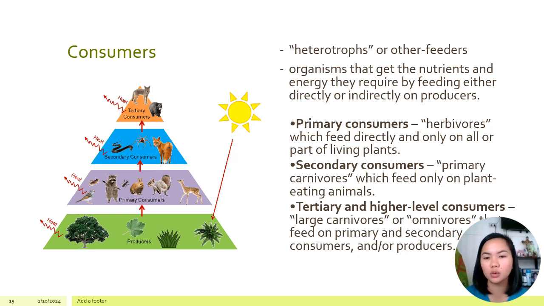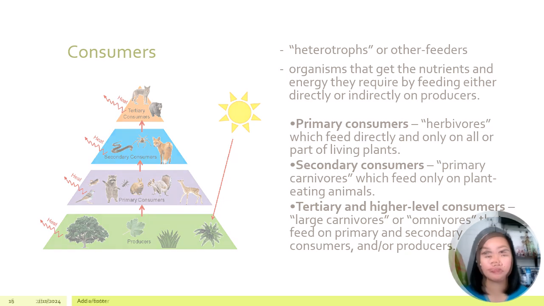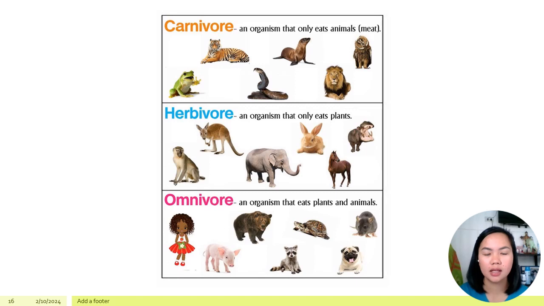So, contrary to herbivores na plant lang, carnivores eat only meat. Now, tertiary and higher level consumers, or we call them in general as omnivores, they eat both plant and meat. Okay? So we have here an example. Kapag carnivore, they eat meat, herbivore plants, omnivore, which human beings belong, we eat plants and animals, or plants and meat.